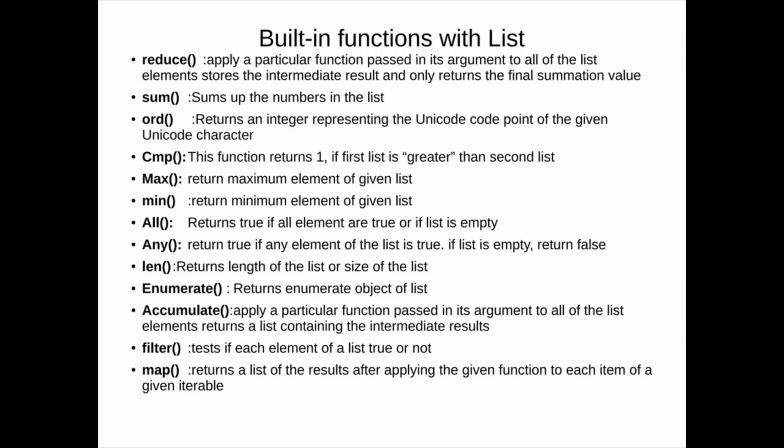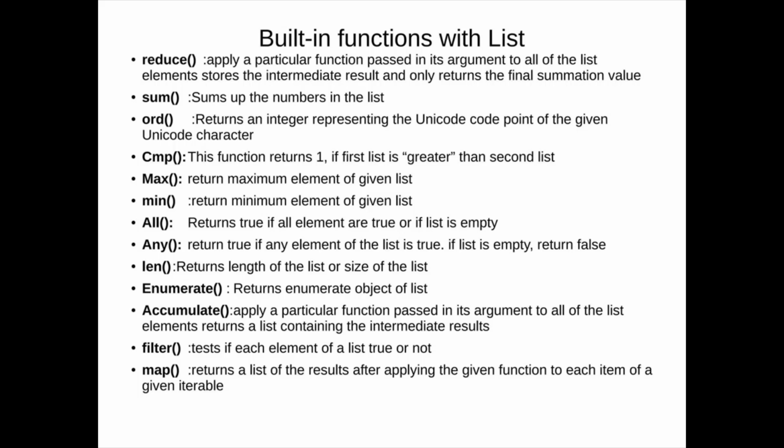Next, cmp returns 1 if the first list is greater than the second list. The minimum returns the smallest element in the given list. All returns true if all elements are true, or if the list is empty.